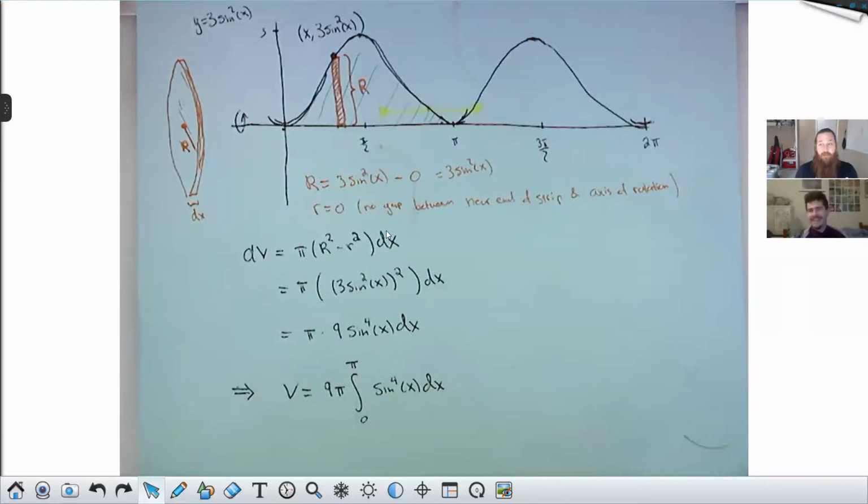If that was a constant, I could pop it out. But unfortunately, when I see this, I have sine to the 4 and cos to the 0, so both of the powers are even. My strategy tells me what to do: I'm going to have to grind away with half angle identities.